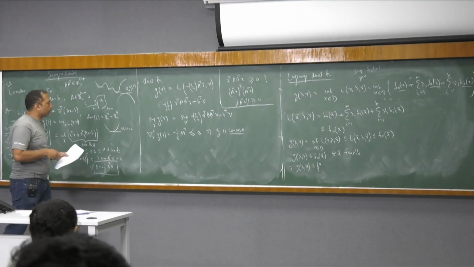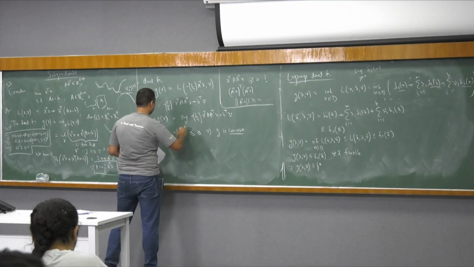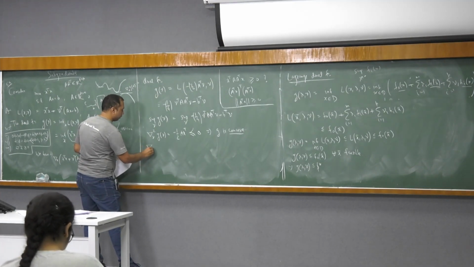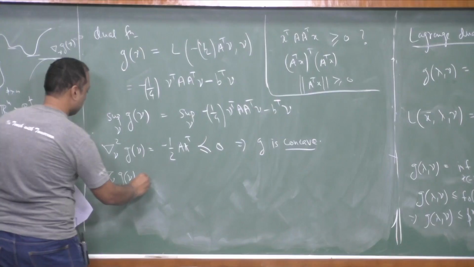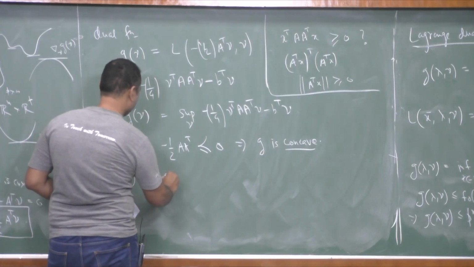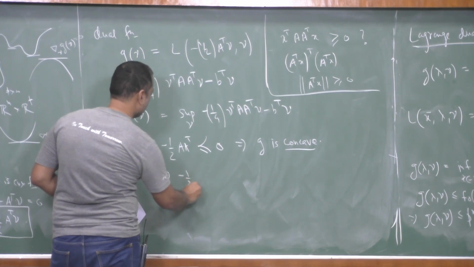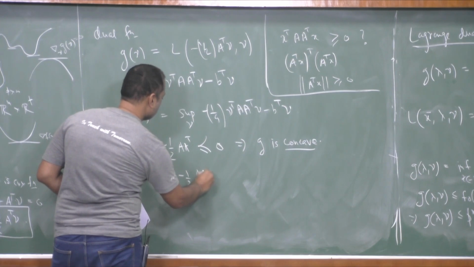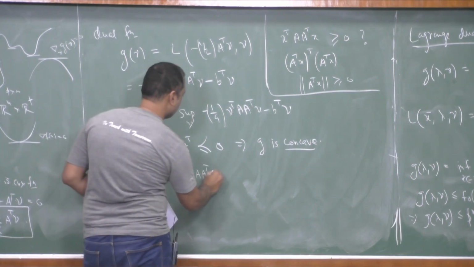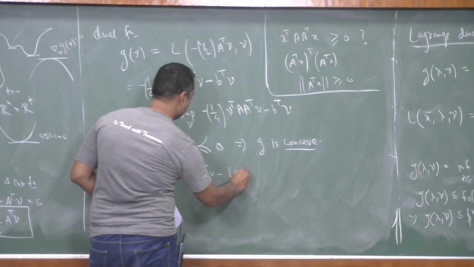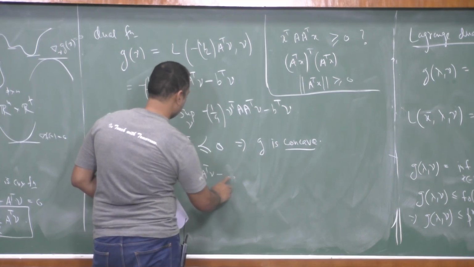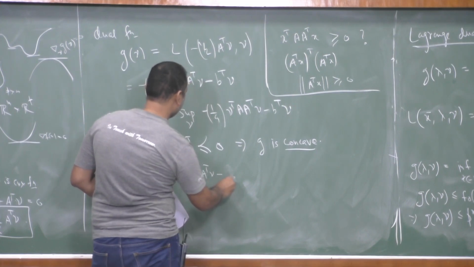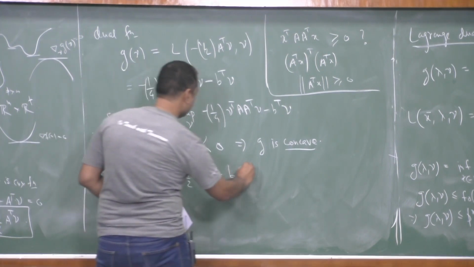So since this is concave, we do grad nu of g(nu) and equate it to 0. Okay, so this implies minus 1 by 2 A transpose nu minus b, and this should be equated to 0.